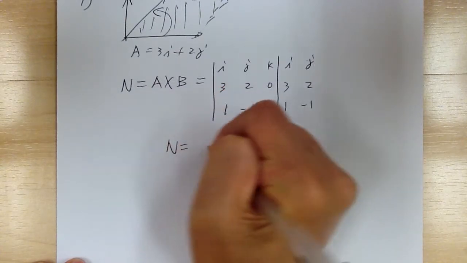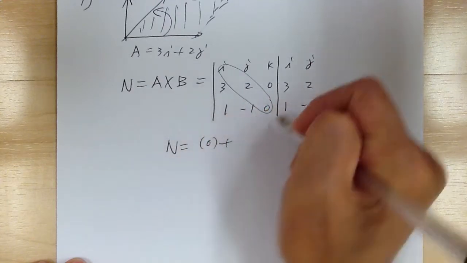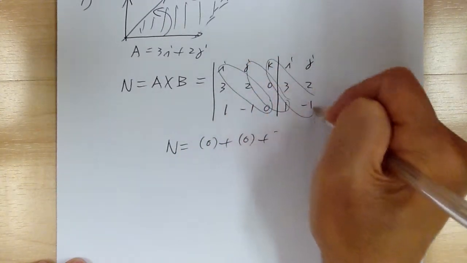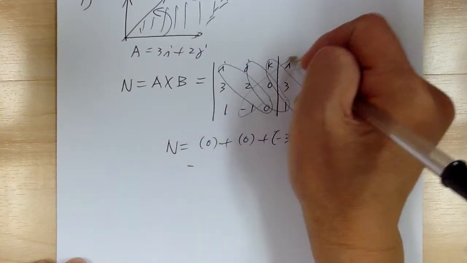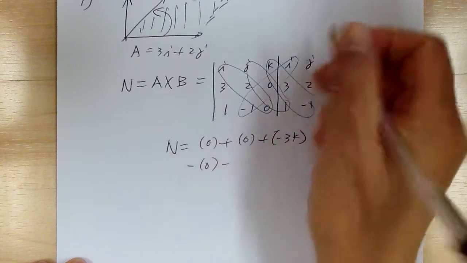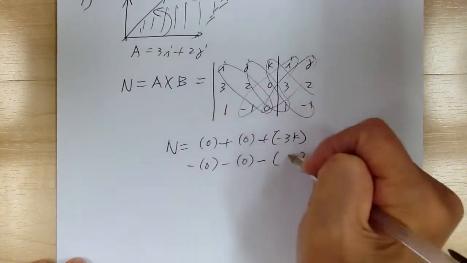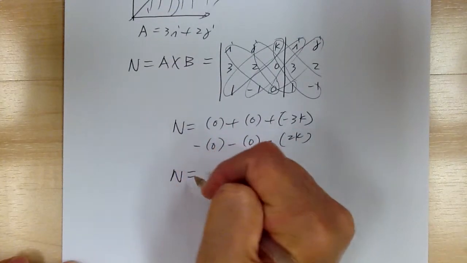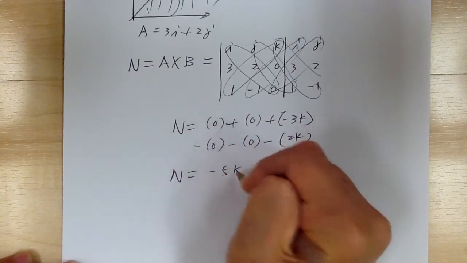Okay, so the normal is equal to, you go this way, you get 0 plus 0 plus negative 3k, minus the i would be 0, minus the j is 0, minus the k will equal to 2k. So the normal will equal to negative 5k.